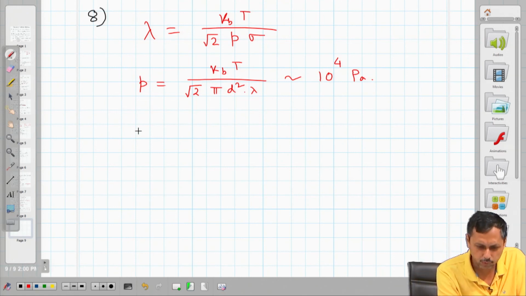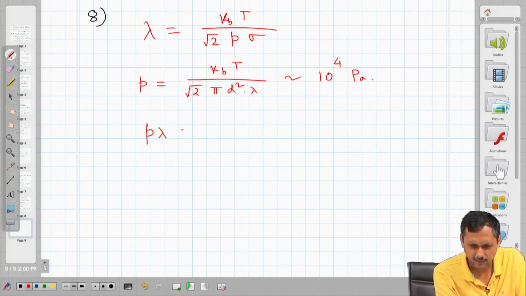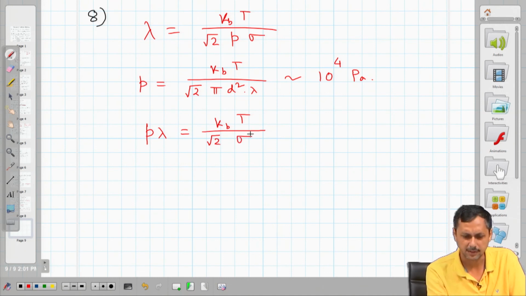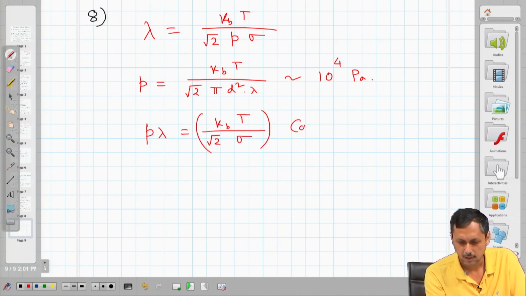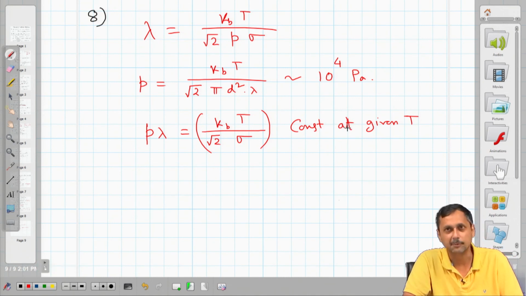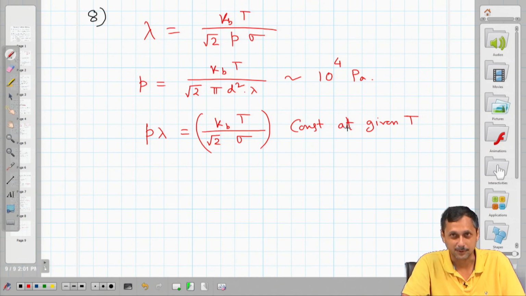To solve this, please remember that P lambda is equal to kBT divided by root 2 sigma, which is constant at a given T. The temperature has to be mentioned in the question, I will do that, so as the temperature is constant, the product P lambda remains constant.